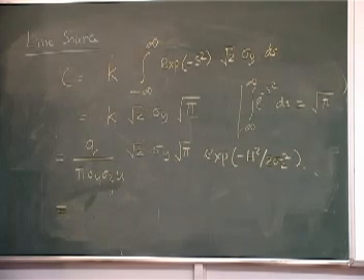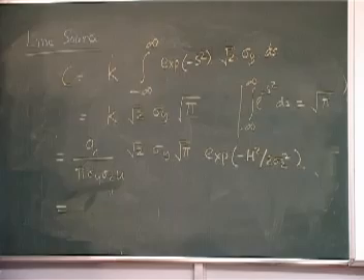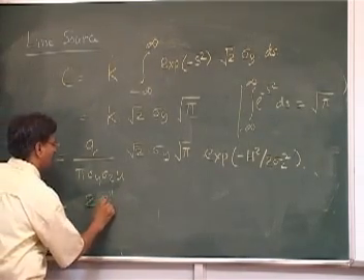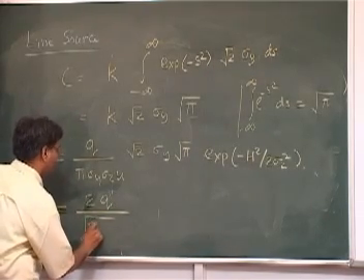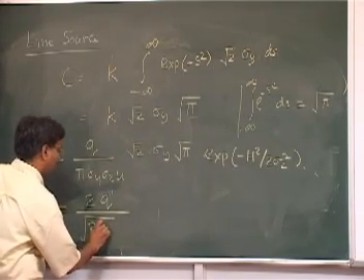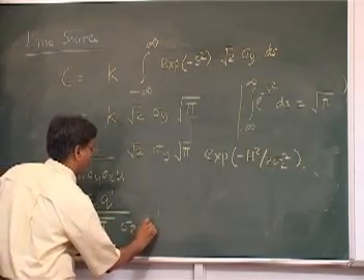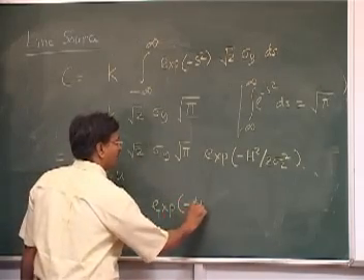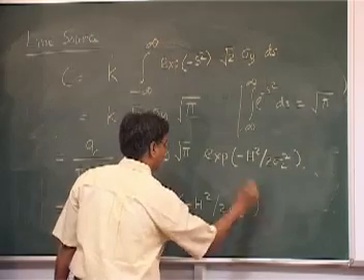Correct me if I make some mistake, what can I write here? 2q over root 2 pi sigma z u, times exponential of minus h square by 2 sigma z square.